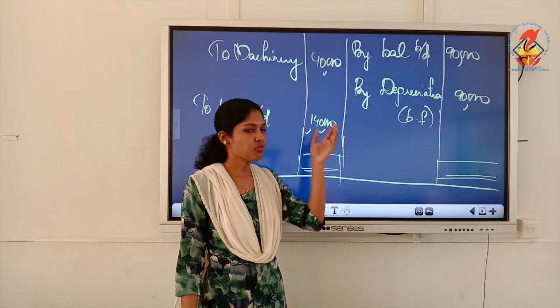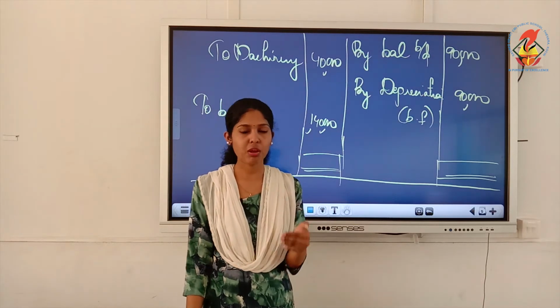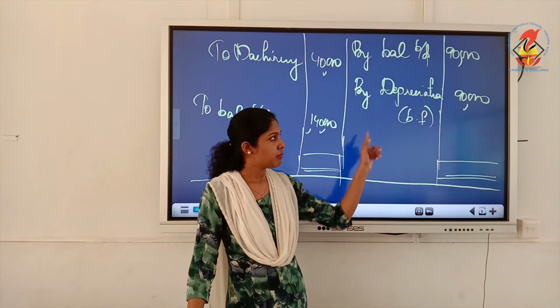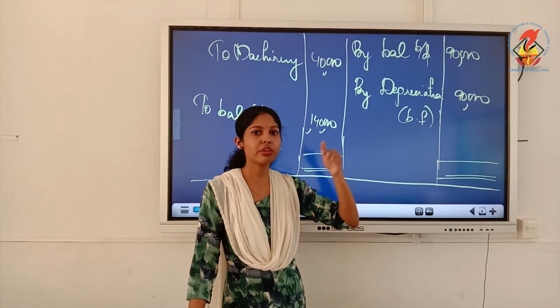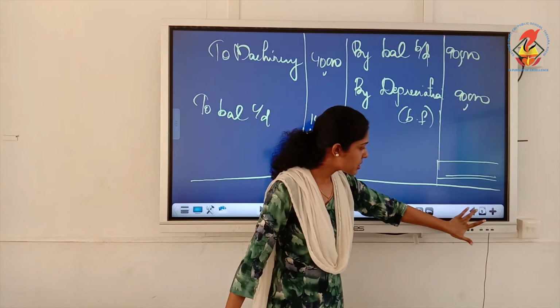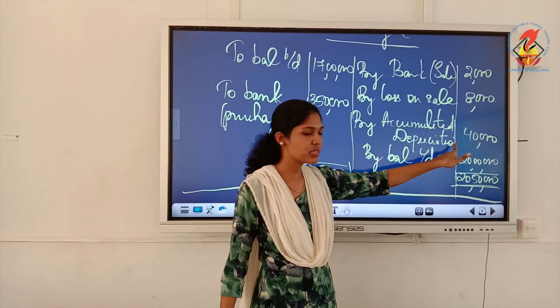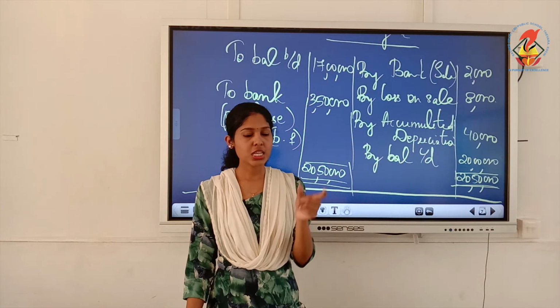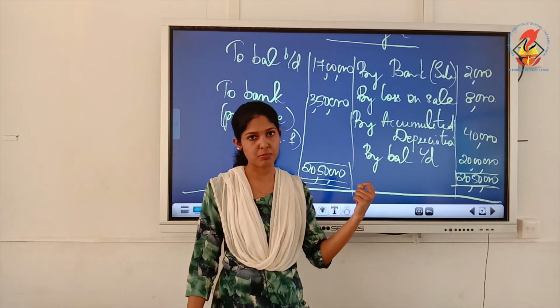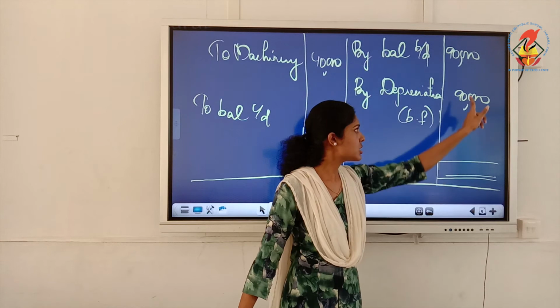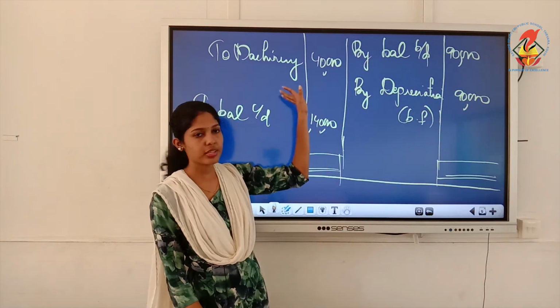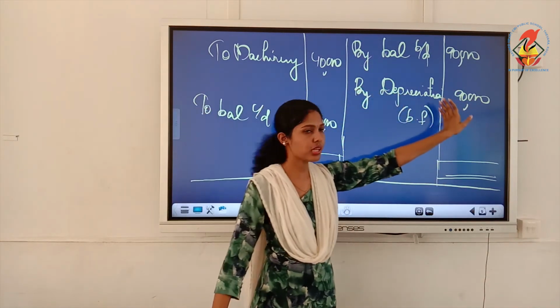This is an item which reduces your operating profit, so we will have to add back this 90,000. Understood? This is the depreciation for the current year, whereas accumulated depreciation means the depreciation charged on this particular machinery. When you add back, what you have to add back is this 90, which already includes this 40.